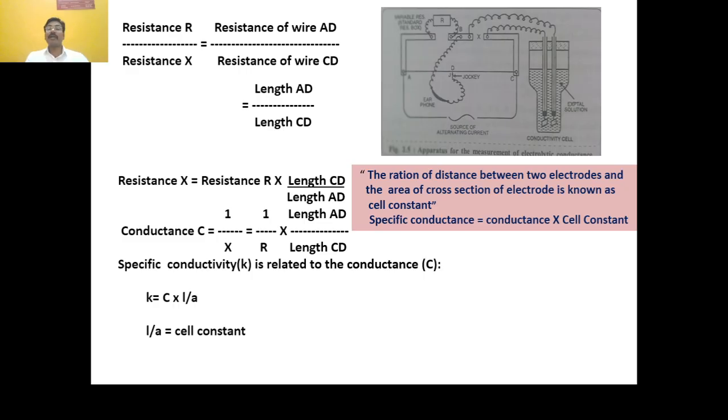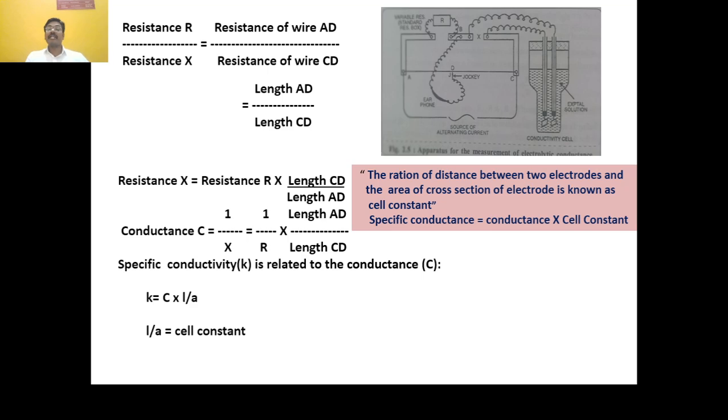At this point, the resistance R is the resistance of wire AD, and the resistance X that we have to determine is equal to the resistance of wire AD divided by the resistance of wire CD.